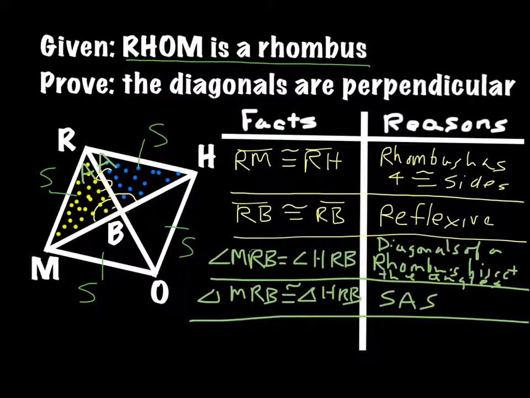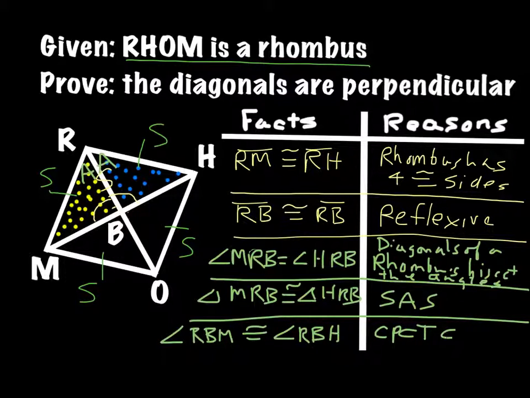And since that's true, angle RBM is equal to angle RBH. And that's because of CPCTC.